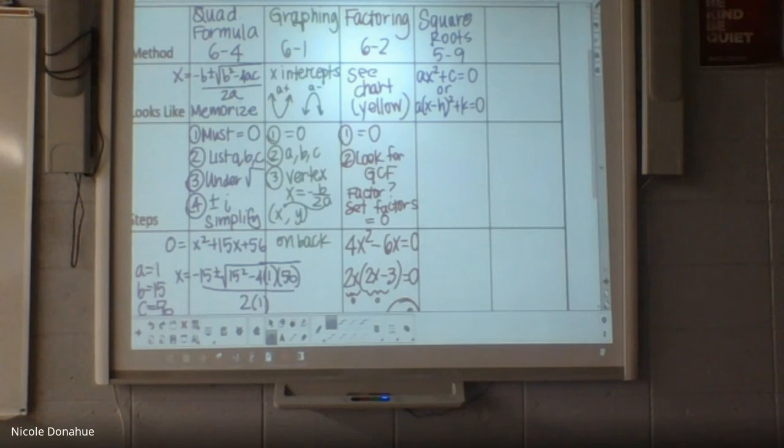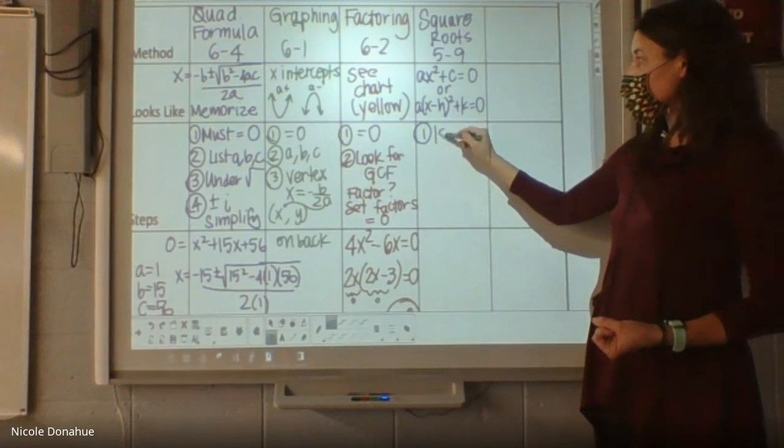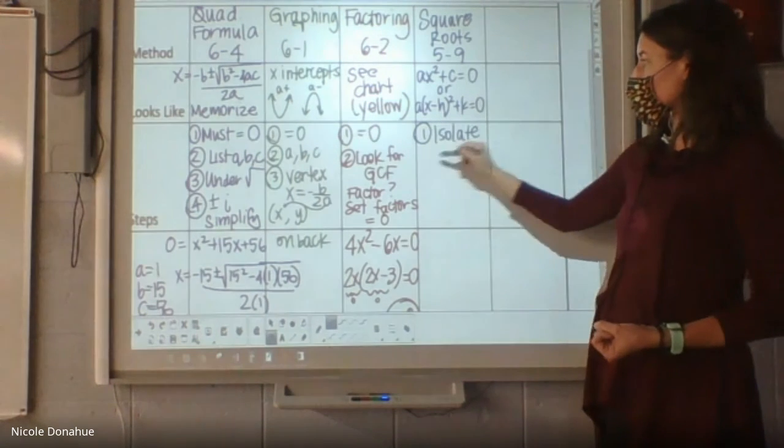But I'm going to tell you guys to solve by square root on these. So it's not going to be a question of how do I decide any of these types. I'm going to tell you what method to use. This is one of the ones you don't have to have equal 0, or it's not really even all that helpful to have it equal 0. So we want to isolate what's being squared.